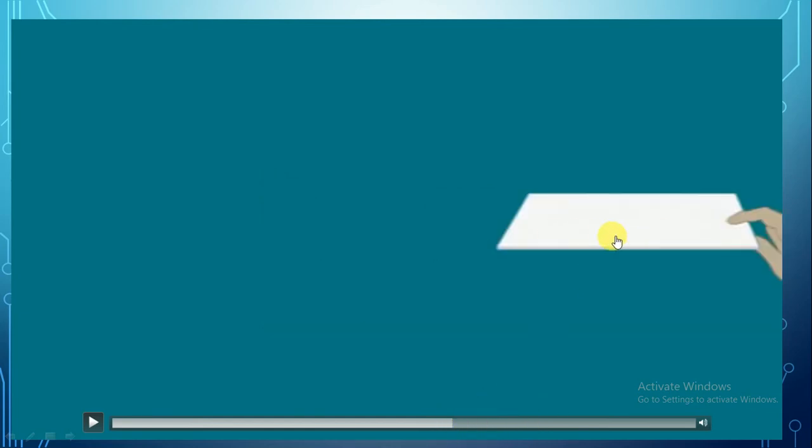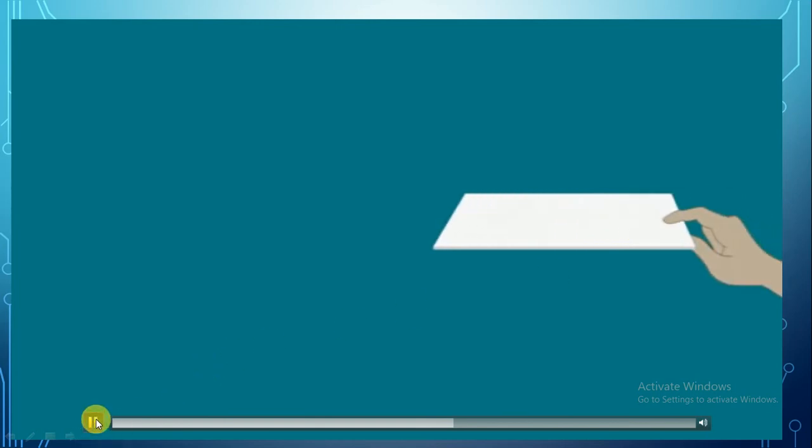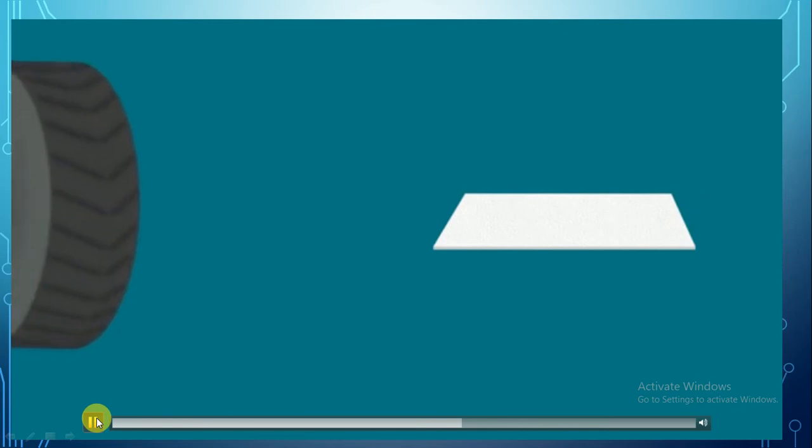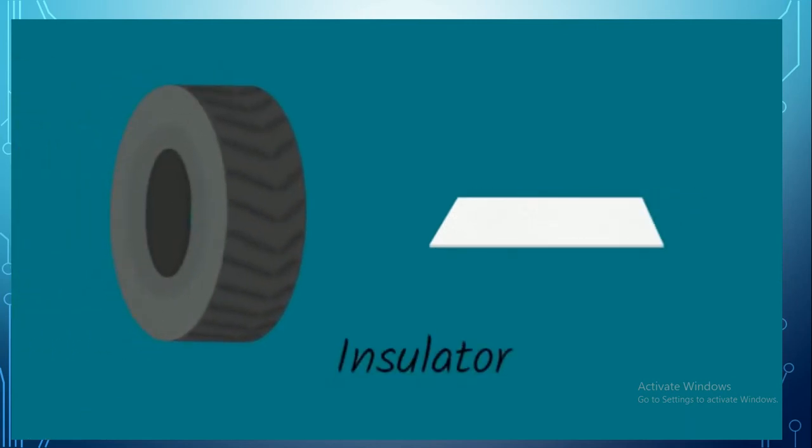But here, this plastic or paper, it's an insulator. Insulator means it doesn't let electricity move through it.